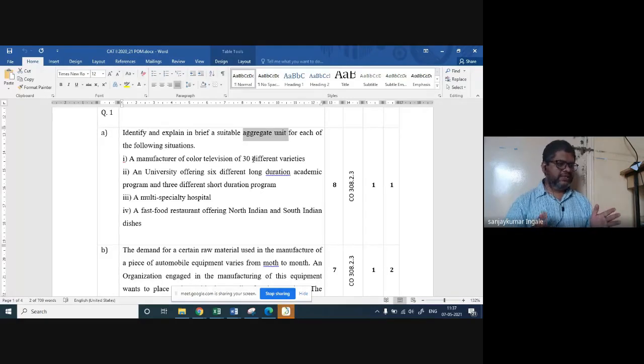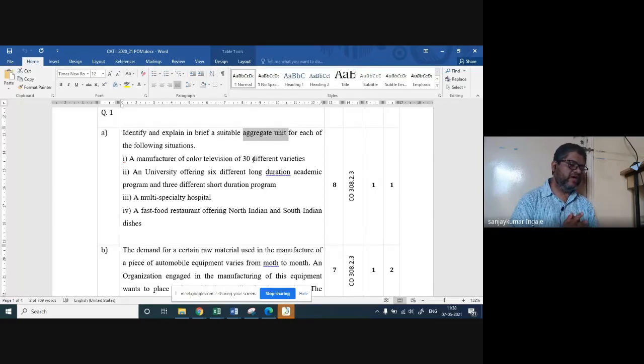There will be n number of varieties, and all varieties will require different time. We cannot say the production time for HD TV and 3D TV is the same. It may be different, but at the end we have to calculate.